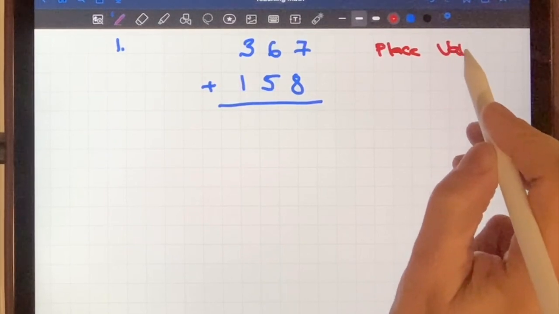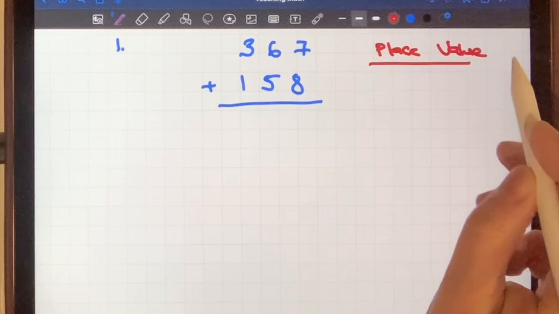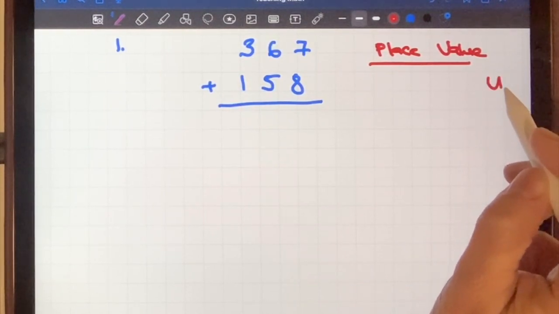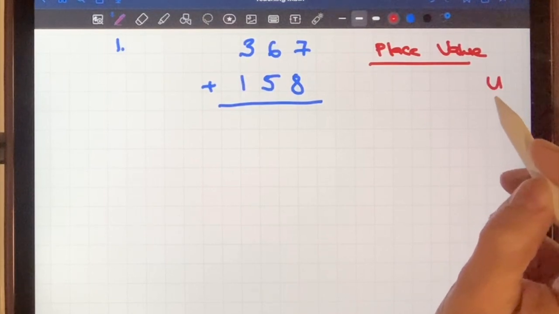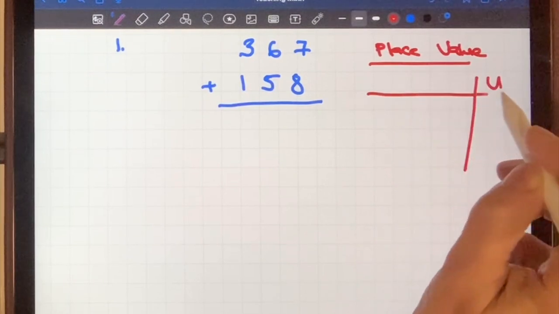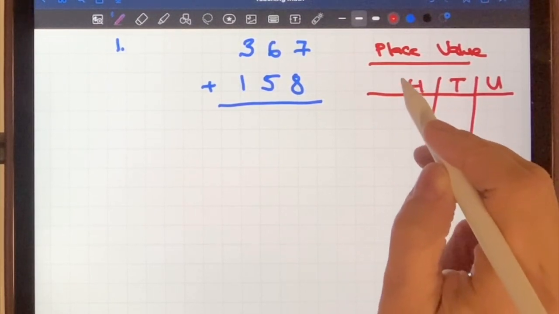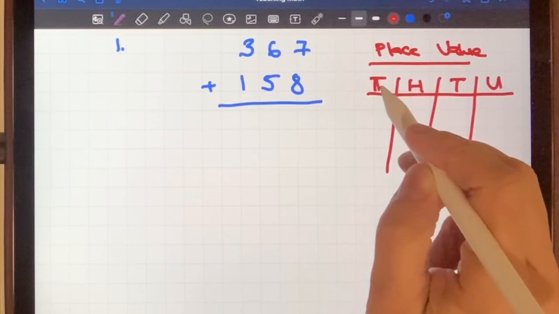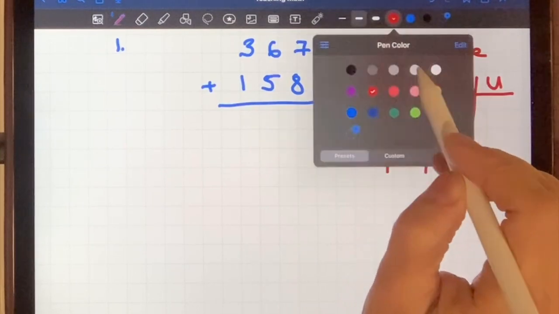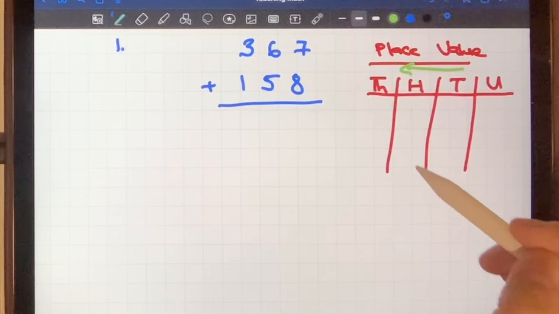and I'll probably make a video about this at some stage, but just as a quick reminder, I'm just going to start with units, or they're sometimes called ones, and then we have tens, hundreds, thousands, and it keeps going. So basically, as we're moving this way, our numbers are getting bigger.